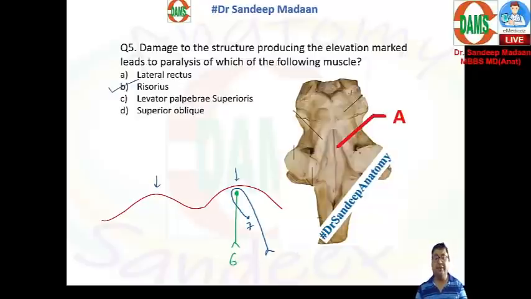But if we change the language of the question, if we say damage to the nucleus lying deep to the elevation marked, then the answer will be the sixth nerve nucleus, and then lateral rectus will be the answer. So the language is important here. First part is to identify. Obviously we know the anatomy, but also if you change the language, the answer will change, right? So very, very important. Please be careful about it.